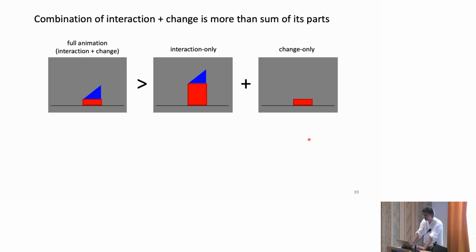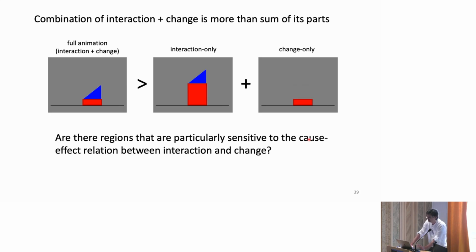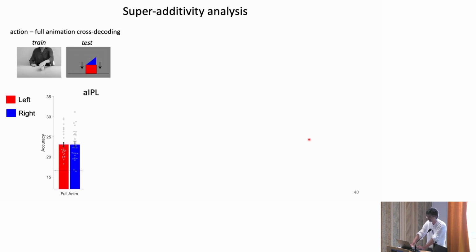So in other words, the combination of interaction and change is more than the sum of its parts. And the comparison of the cross-decoding with the full animations allows us to test whether there are brain regions that are particularly tuned to these cause-effect relations that integrate these two components.